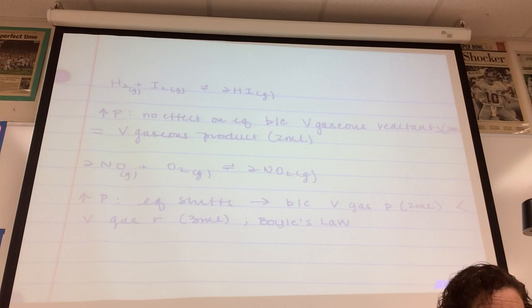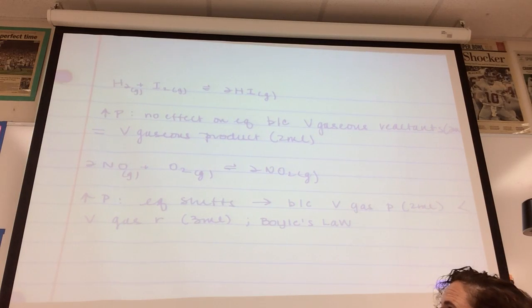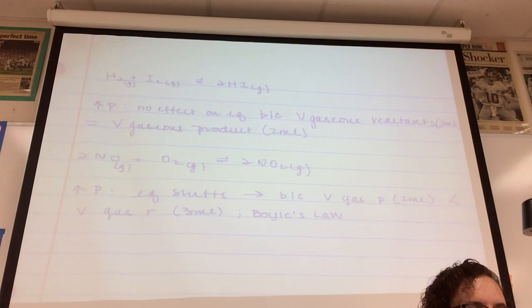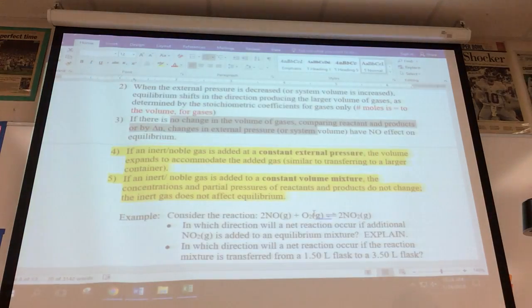There are 2 AP level pieces to Le Chatelier's principle that you'll see here. They're really very easy. It says in yellow, if an inert or noble gas such as helium, neon, argon, krypton, xenon, radon is added at constant external pressure, the volume expands to accommodate the added gas.